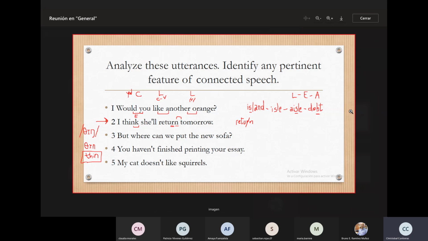I'm not sure. Yeah, it's not. Sometimes it also depends on the speaker, and on how you say it, or someone else says this, right? Can we? Where can we?